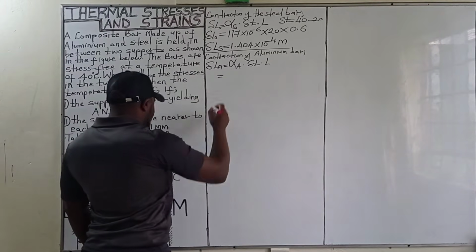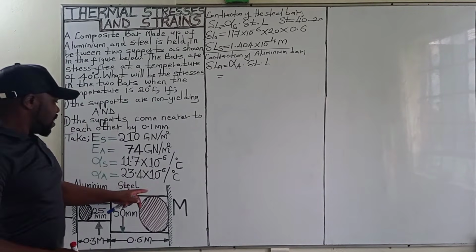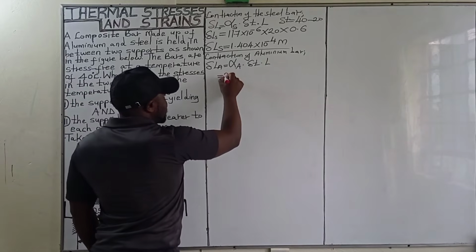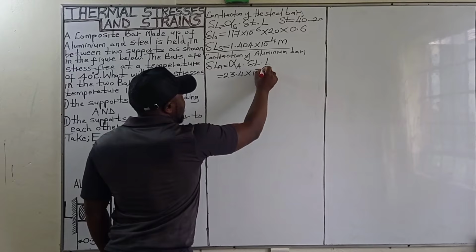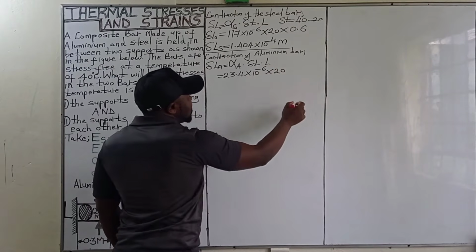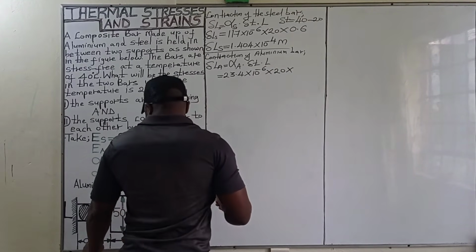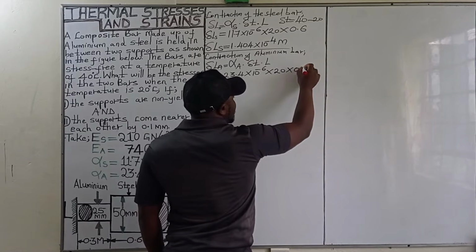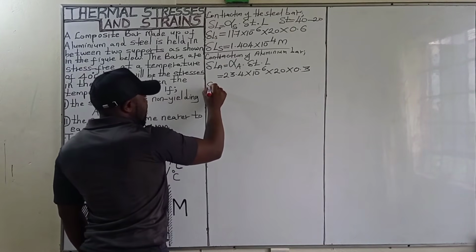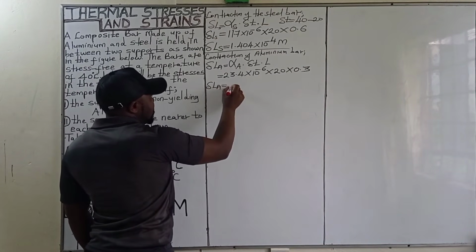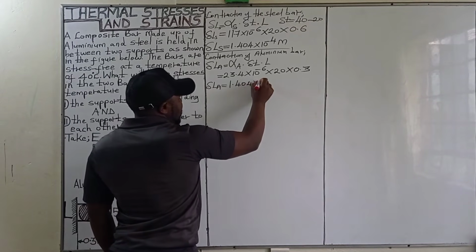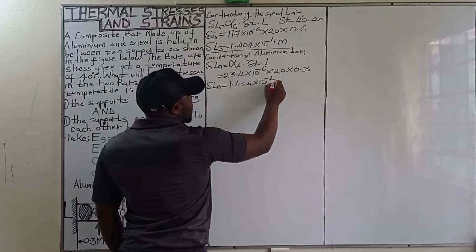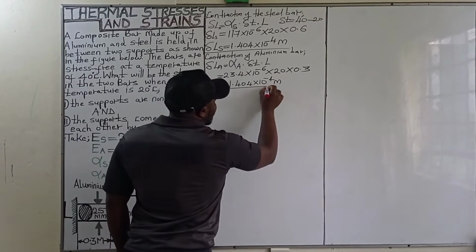The coefficient is 23.4 times 10 raised to the power of negative 6. Change in temperature 20 degrees. The length of the aluminium bar is 0.3 meters. This is going to give us a change in length in aluminium of 1.404 times 10 raised to the power of negative 4 meters.